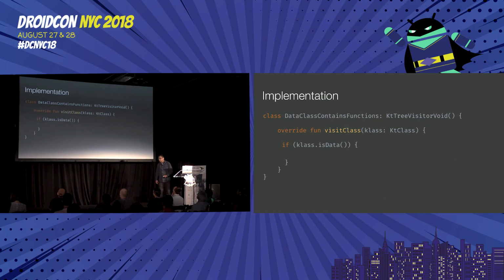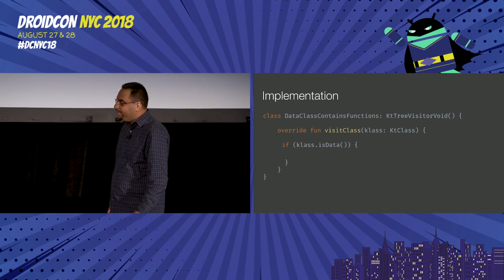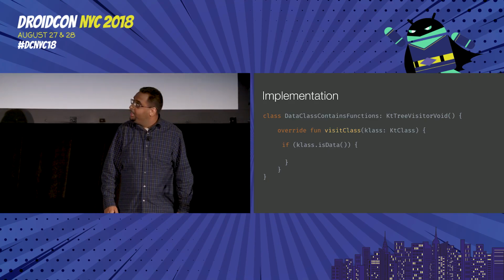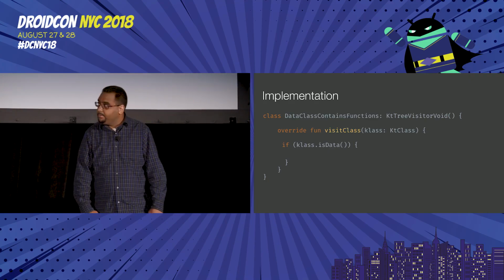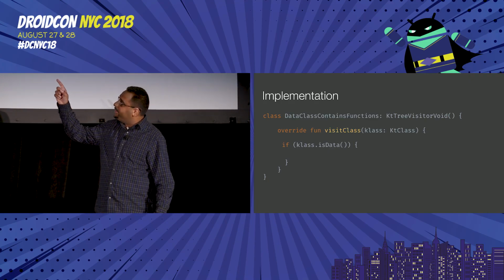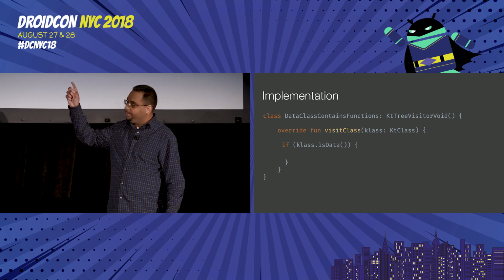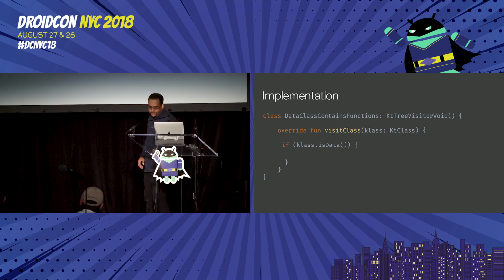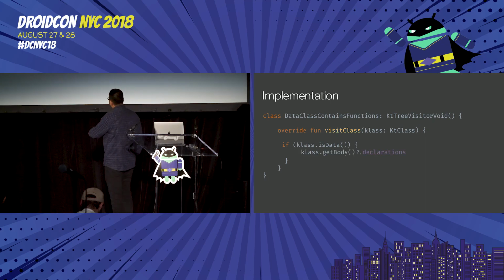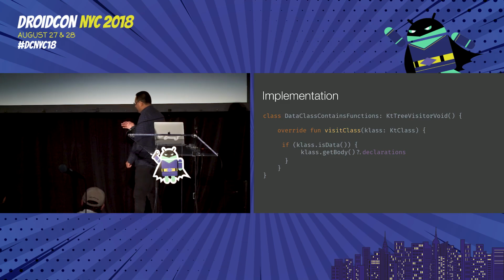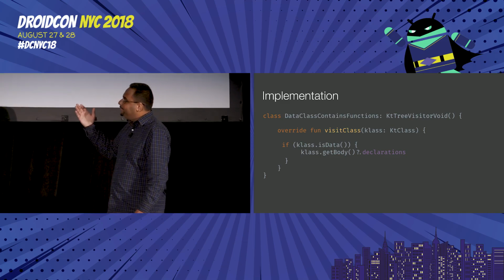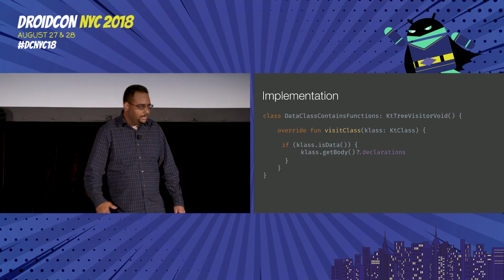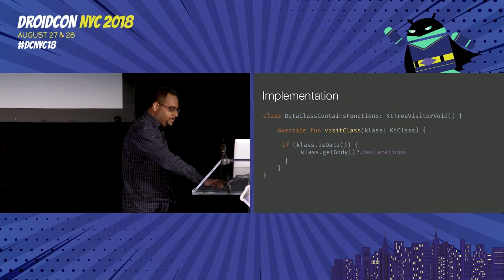So how will we implement this rule with all that knowledge in the back of our head? First thing that I'm going to do, I'm going to override visitClass, right? Because I'm interested in the class root node, when I traverse that, when I hit that. I'm going to check, is it a data class, right? What I'm going to do is first get all the declarations, and then I'm going to filter it.